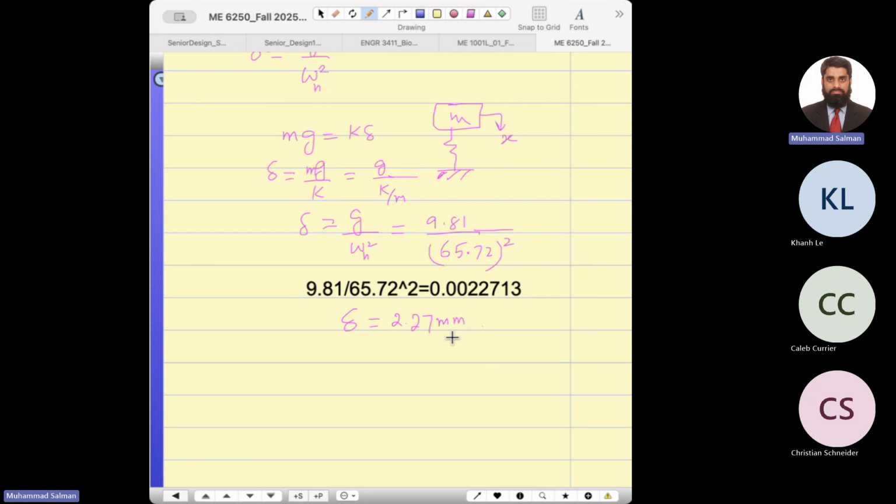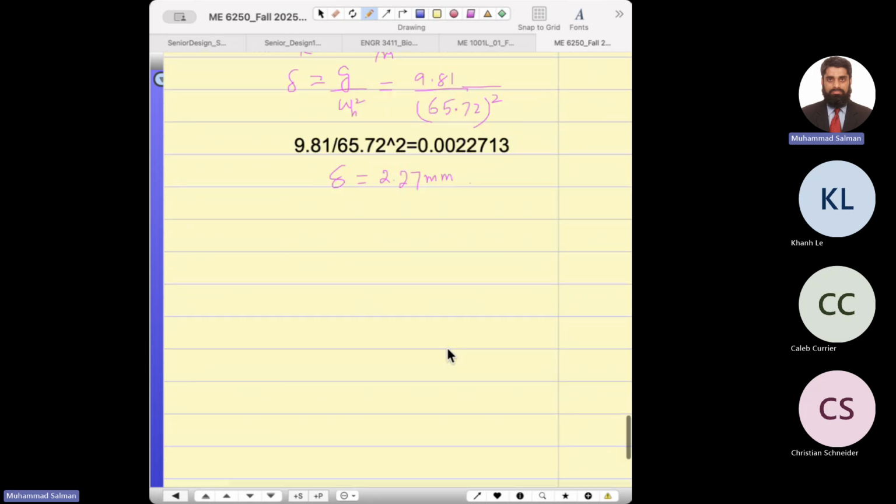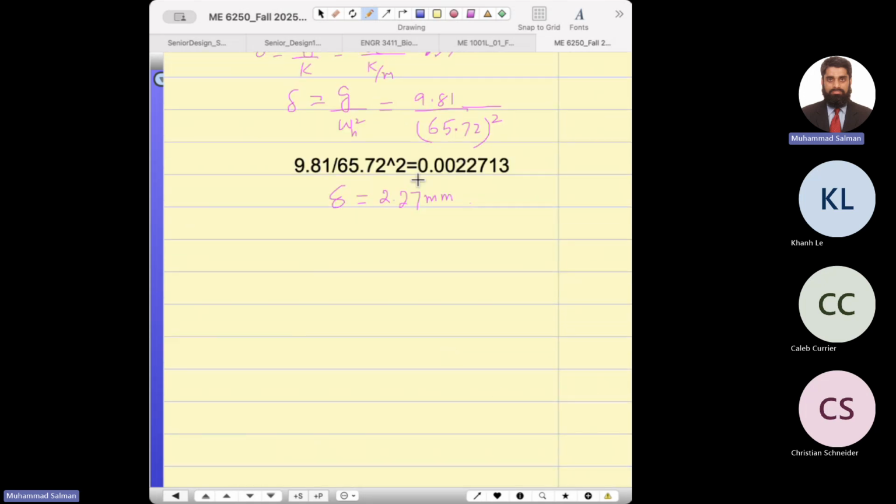Because we are using four isolators, the static load on each isolator due to the weight of the instrument will be divided by 4. Suppose this is my instrument, it has 4 isolators, so the static load would be divided by 4.